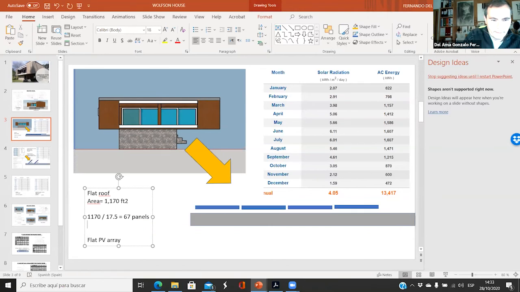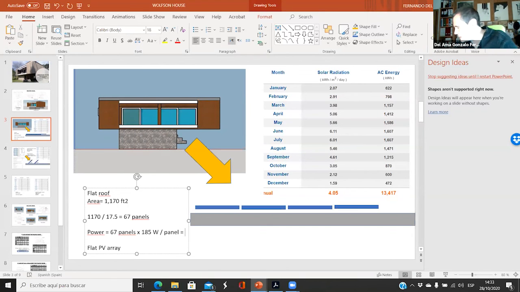And now the power. It was 67 panels times 185 watts per panel. So that was 67 times 185.